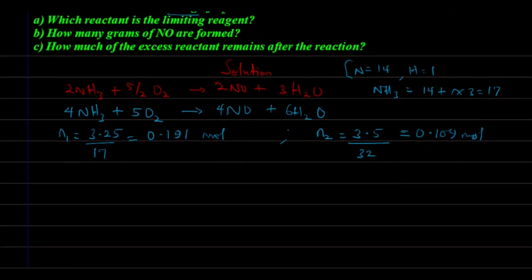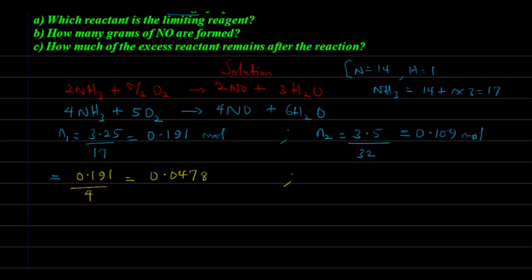Now that I have calculated the number of moles of the two reactants, the next thing is to divide the number of moles by their stoichiometric coefficients. For the first reactant, which is ammonia, its stoichiometric coefficient is 4. So we are going to say 0.191 over 4, we obtain 0.0478.